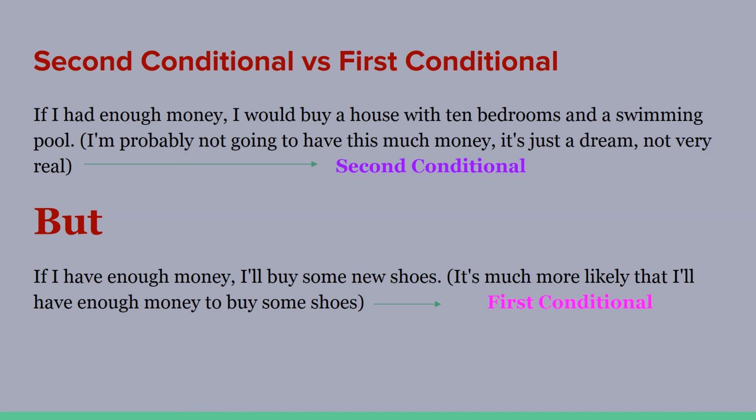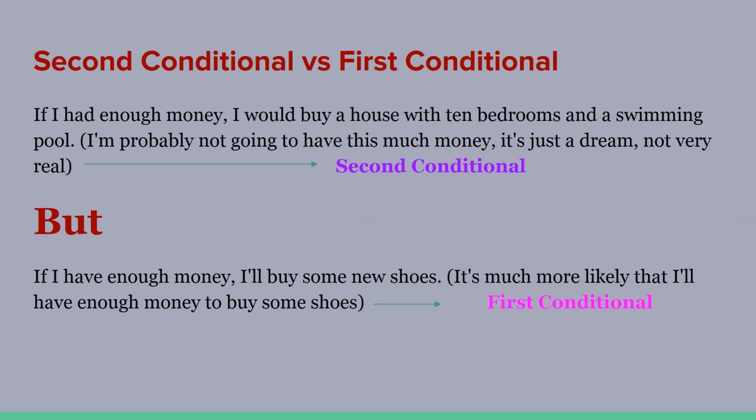When we say, if I had enough money, I would buy a house with 10 bedrooms and a swimming pool. Right now, in the present, I probably don't have this much money. That's why it's just a dream, me buying a house with 10 bedrooms and a swimming pool. It's not very real.